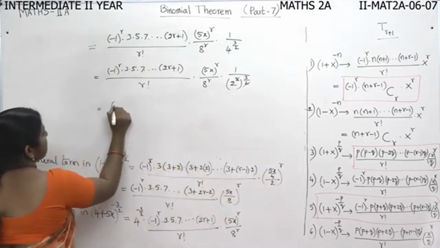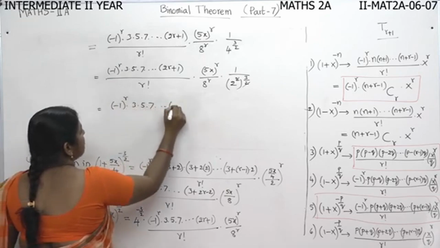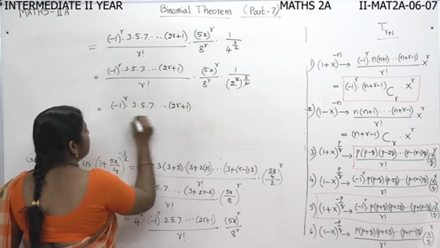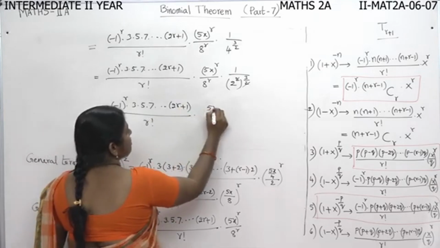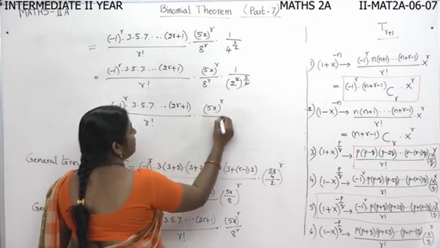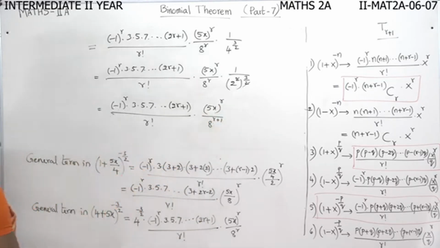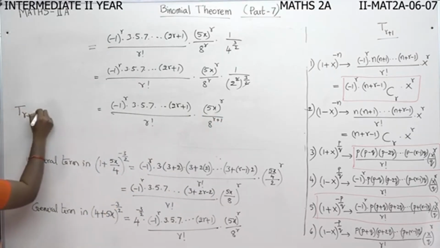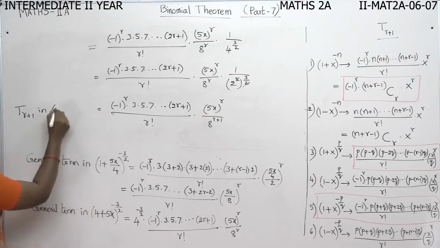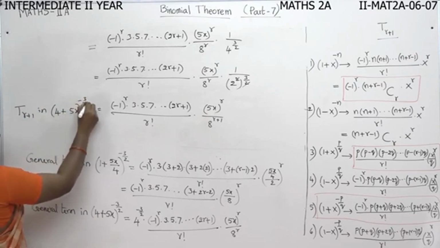So you will get minus 1 to the power of r into 3 into 5 into 7, so on up to 2r plus 1 by r factorial into 5x to the power of r by 8 to the power of r. Here also 1 8, so plus 1. So this is the required general term or tr plus 1 in the given problem 4 plus 5x to the power of minus 3 by 2.